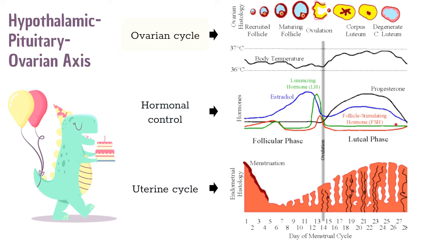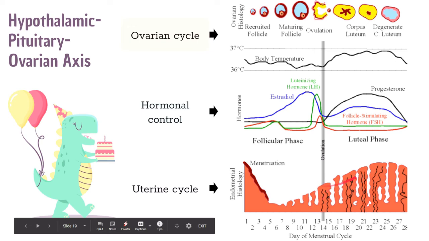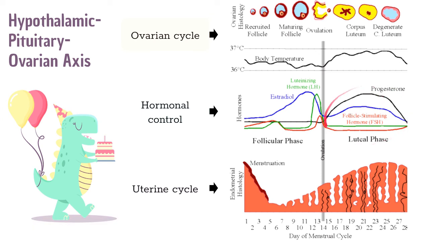Now, as these hormones drop, there will be a gradual increase in estradiol and progesterone, mimicking the thickening of the uterine lining. So this happens because the female reproductive system is still expecting pregnancy, still expecting fertilization.